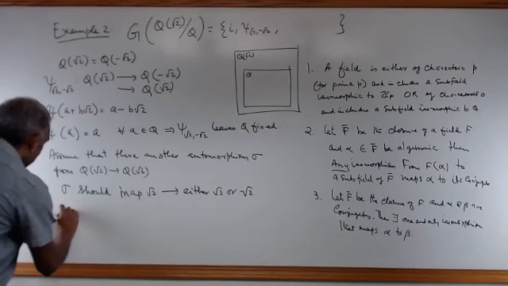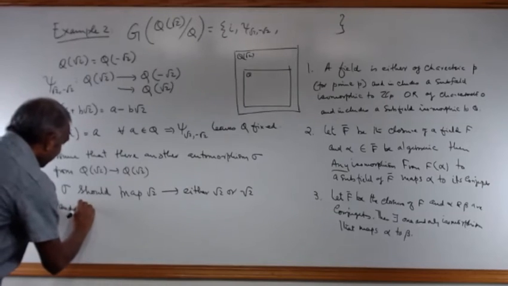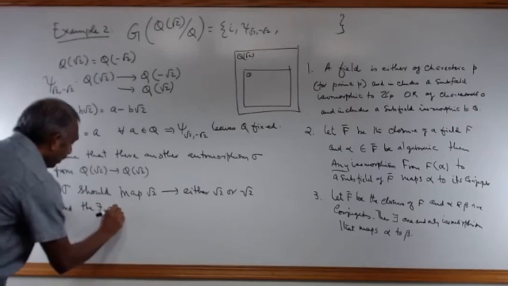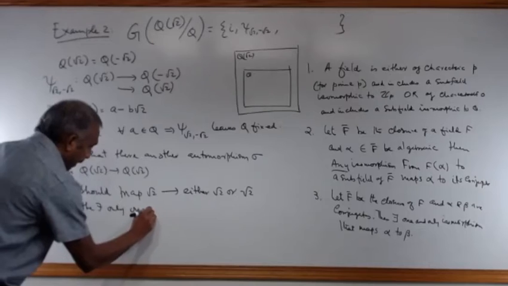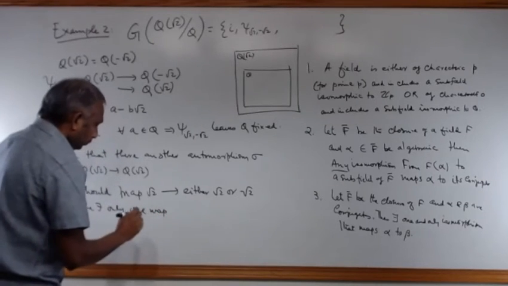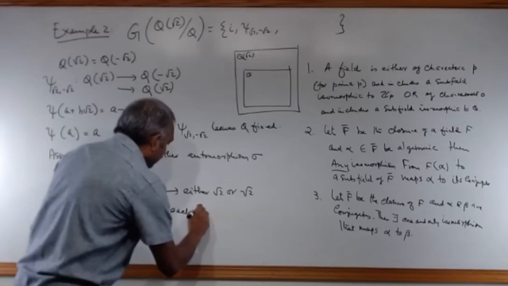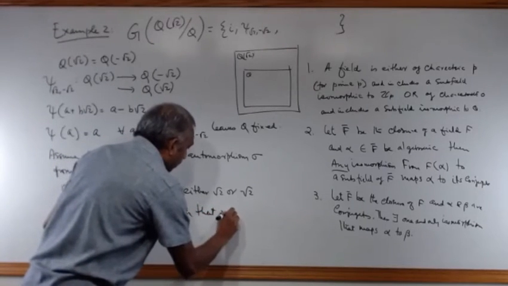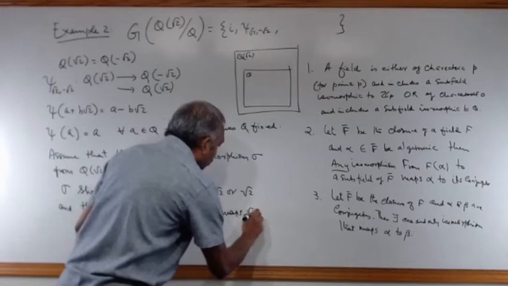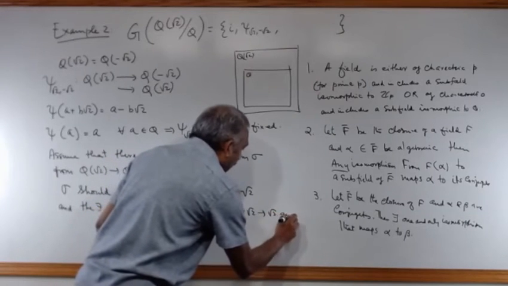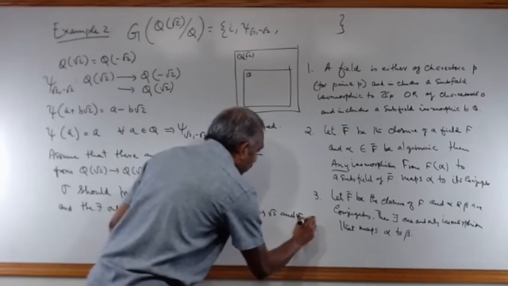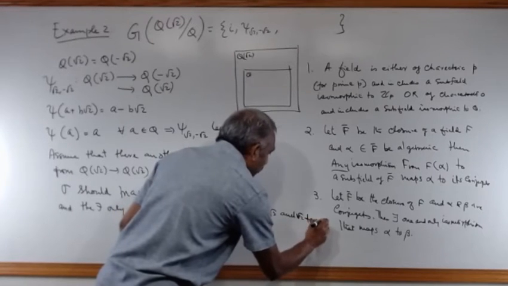And there exists only one map each that maps root 2 to root 2 and root 2 to minus root 2.